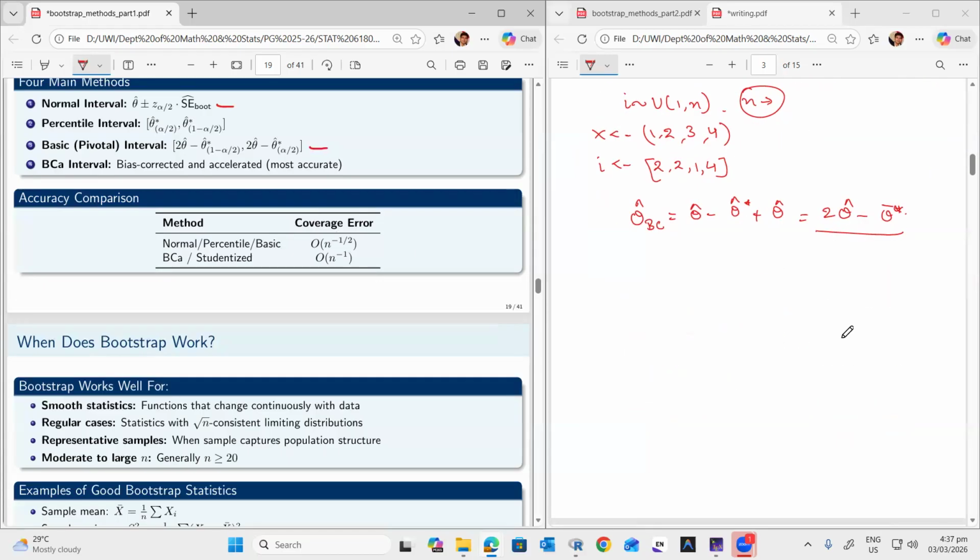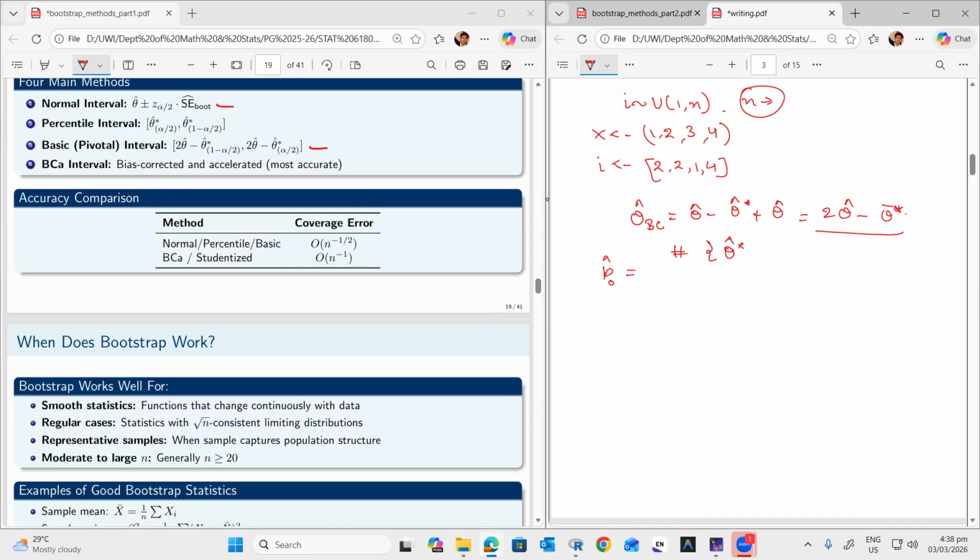Say you have the probability p cap theta naught equals the empirical CDF that we were taking, of theta cap star b less than theta cap, divided by B, and z naught is defined as the inverse CDF of p cap theta naught.